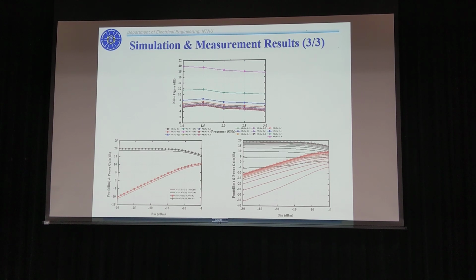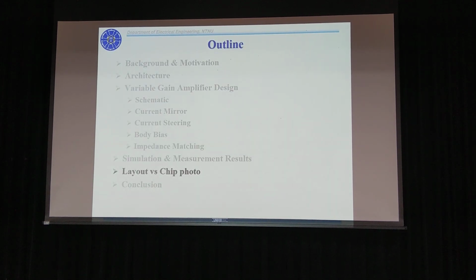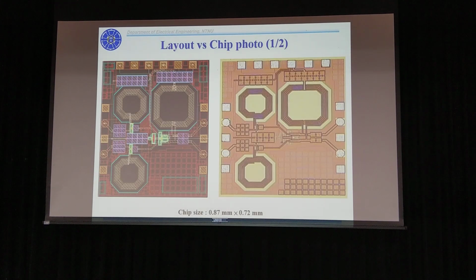This graph shows the noise figure and power performance at different control voltages. It can be seen that the power performance for large signals is not significantly different from the simulation. Next, I will show the layout diagram and the actual chip image.